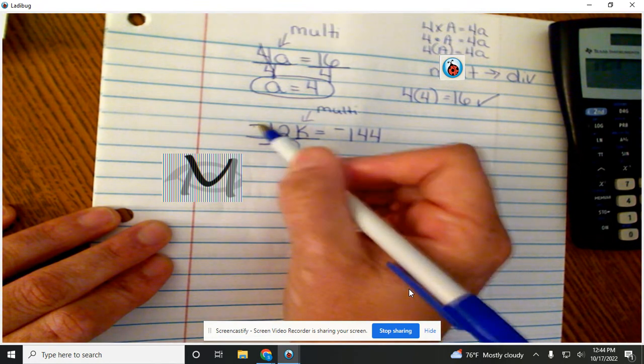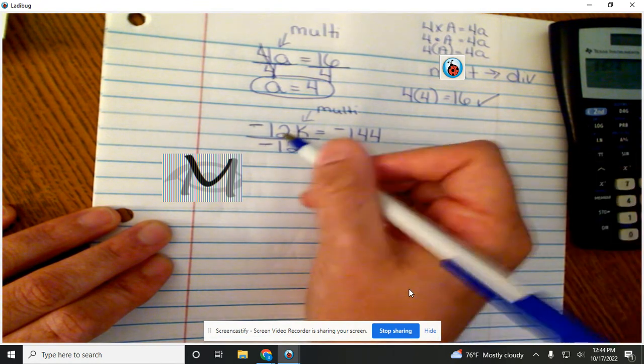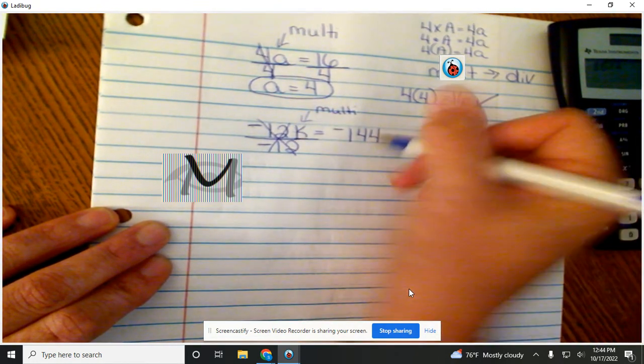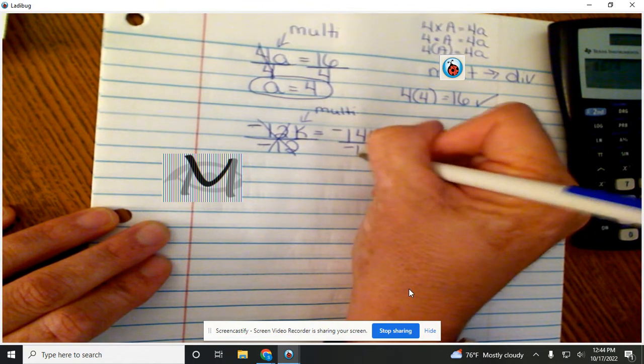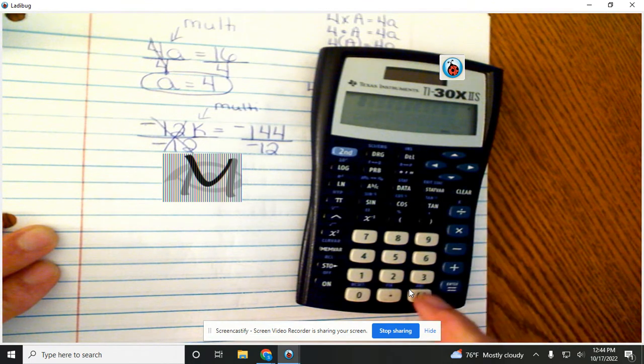This tells you it's negative, so I'm going to divide each side. And if I do one side by negative 12, so if I were to go over here and put negative 144 divided by negative 12, it tells me my answer is going to be 12.